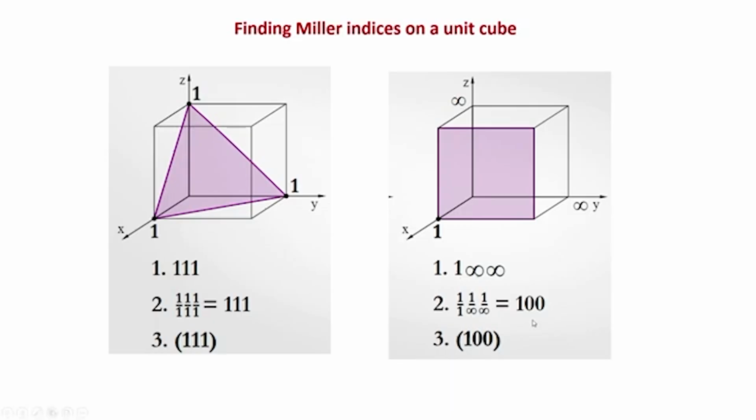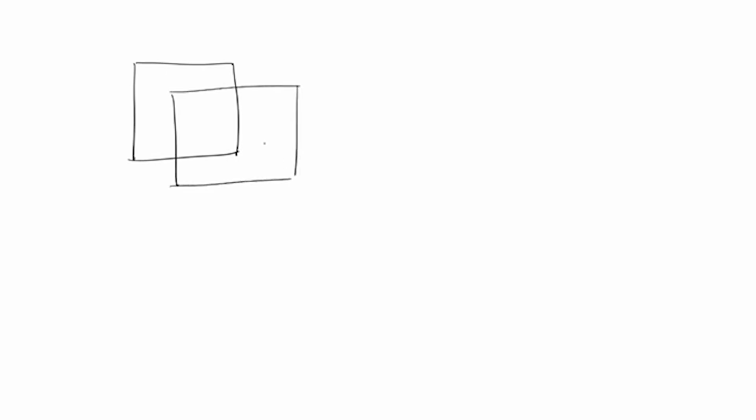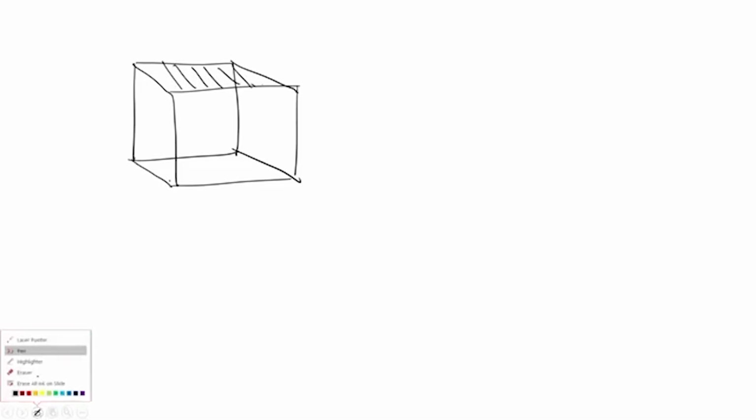Let me show you maybe one or two more, and let me draw it here. This is a cube that you have, and let us take the plane that you see here. Let me highlight this plane.